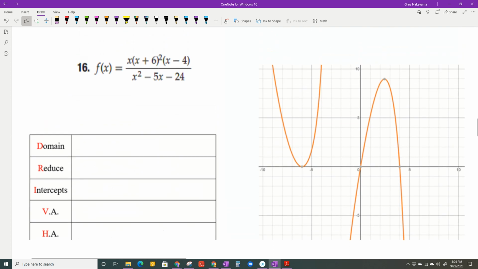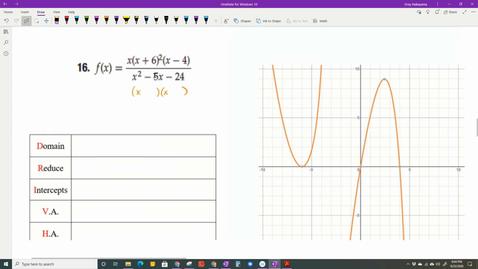All right. Now I have f of x equals x times (x plus 6) squared times (x minus 4) over x squared minus 5x minus 24. To find the domain, I'm going to have to factor this. So to factor it, I've got x and x, and I'm looking for the factors of 24 that subtract to give me 5.